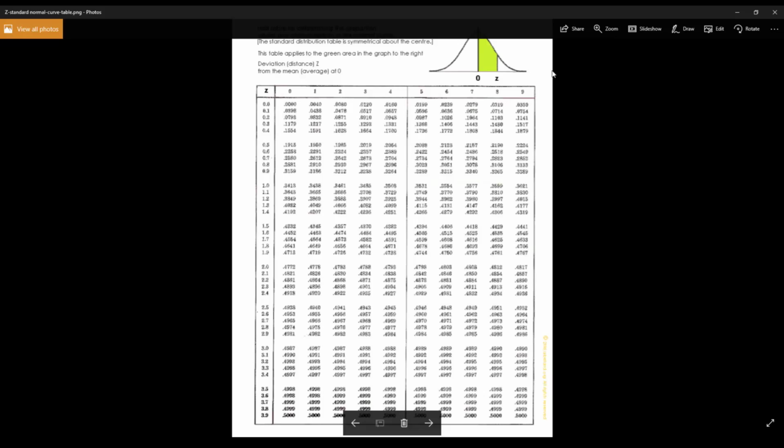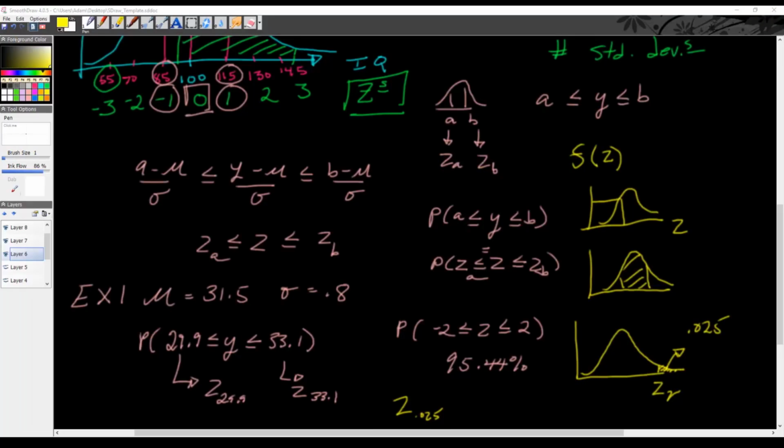So 0.5 minus the area up to the z-value 1.96, 0.4750, gives me that area left in the tail. So again, this is a symmetrical curve. I know that between 0 and infinity is 0.5.